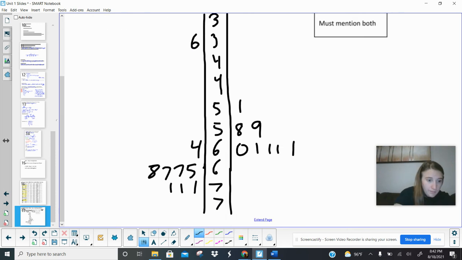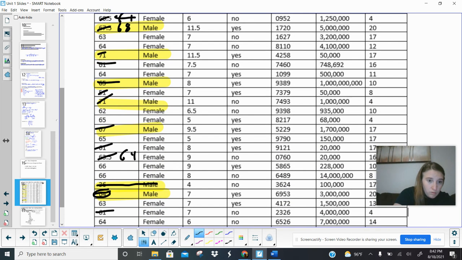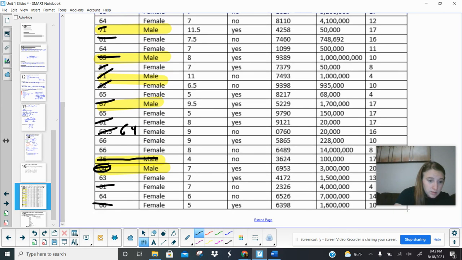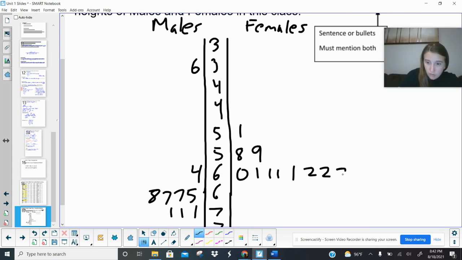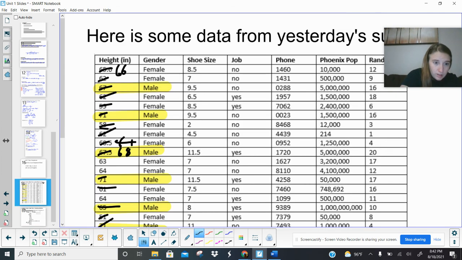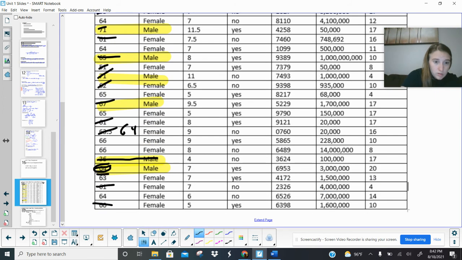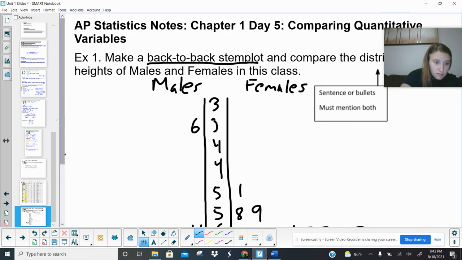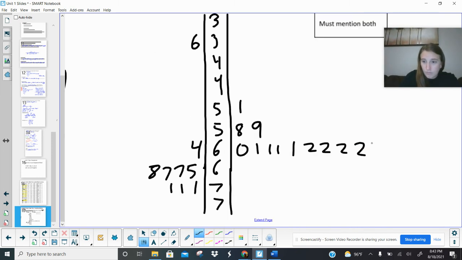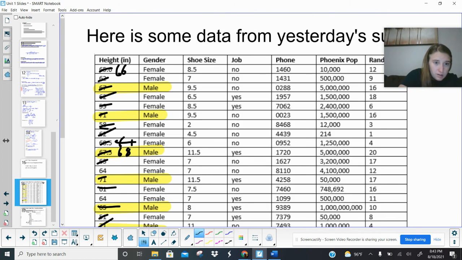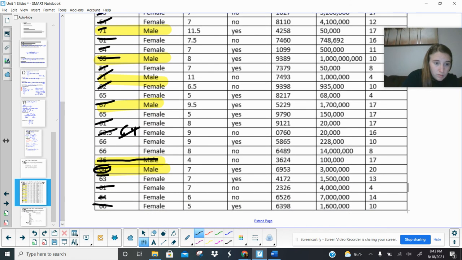I have 4 62s. I have 2 63s. I've got 4 64s.